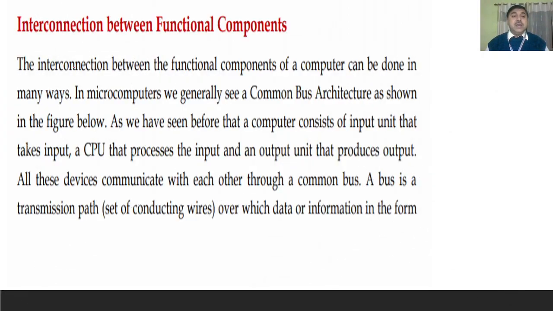You can see here the interconnection between the functional components. What is the interconnection between the functional components? In a computer system, the computer can work in numerous ways. Generally in a computer there is a common bus architecture.